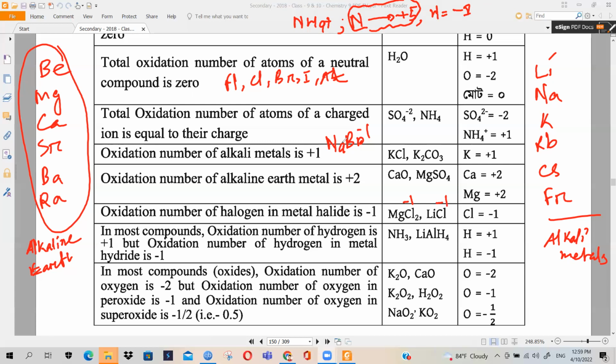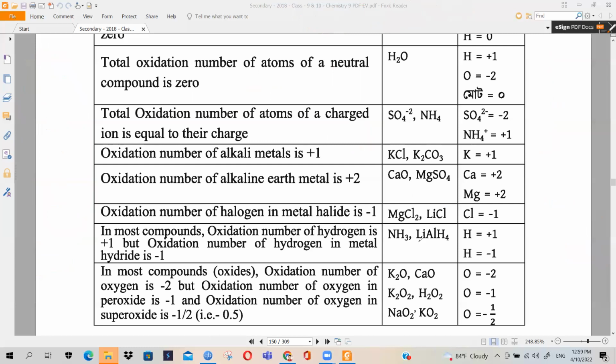Now in the case of ammonia, or as they're saying metal hydride, which you could say is nitrogen hydride, maybe, I haven't heard this term. So in the case of metal hydrides like NH3 or maybe lithium tetrahydroaluminate, very difficult names, you don't need these names as of now.